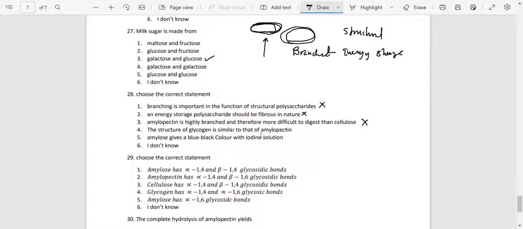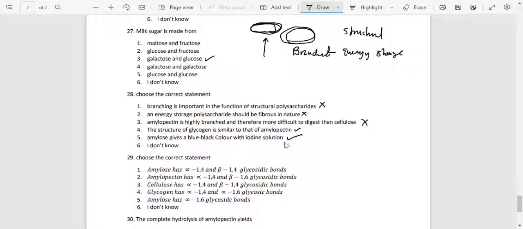The structure of glycogen is similar to that of amylopectin. This is true. Glycogen is branched, it has got few branches, and amylopectin is also branched, it has also some few branches. So there are alpha 1,4 and alpha 1,6 in both amylopectin and glycogen. Amylose gives a blue-black color with iodine solution.